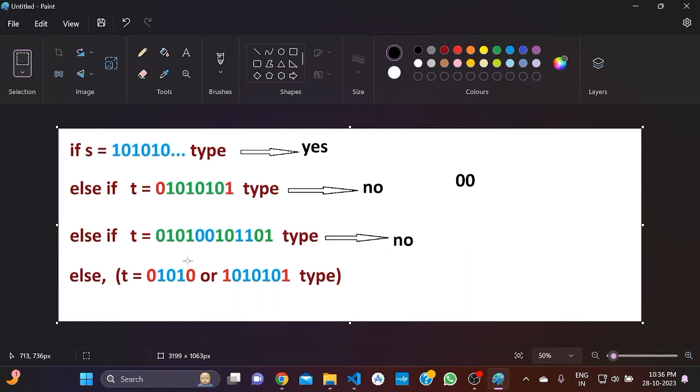Else, if these two cases for T are no, then what is the case we are remaining with? We are remaining with T having both starting and ending characters the same, either 0 0 or 1 1, and between these two characters all the characters are alternating, meaning 1 0 1 0 or 0 1 0 1 type.